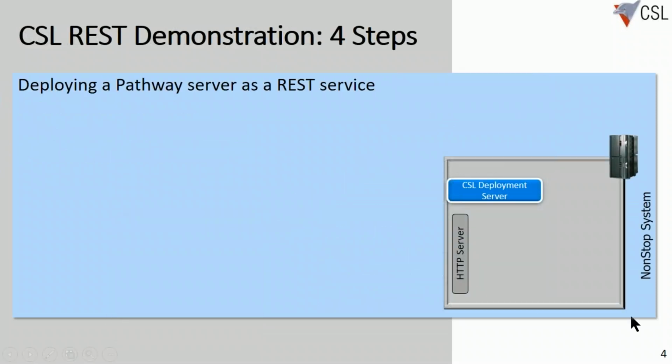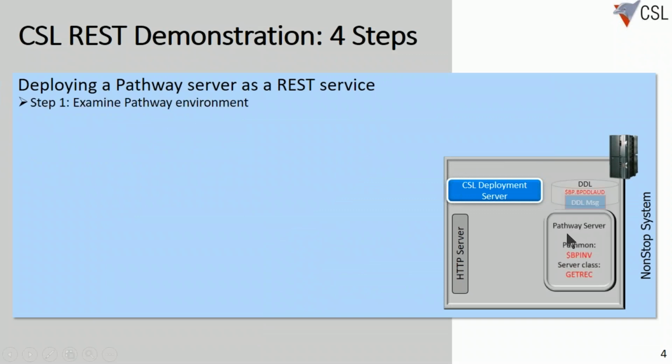Our demo that we're going to be doing is, as I mentioned, on my NonStop system, I've got basically a pathway application, a really simple inventory manager. It's a Pathmon and server class environment, but it's also got DDL that describes the request and reply message.